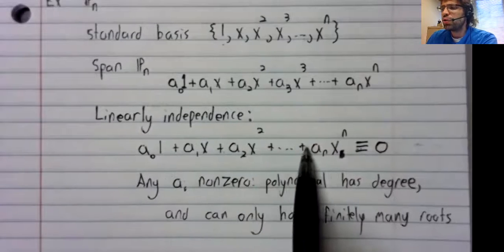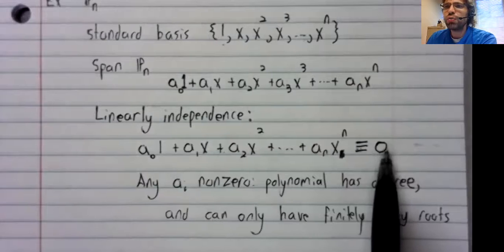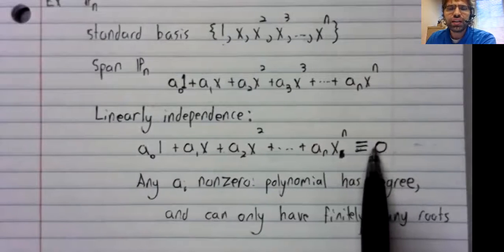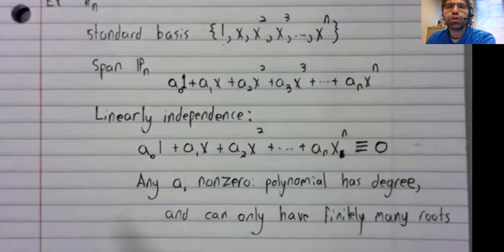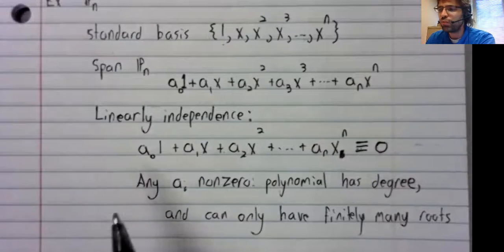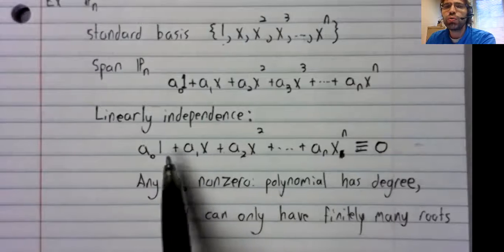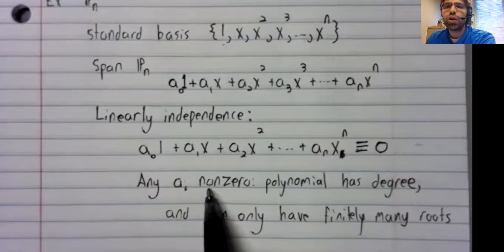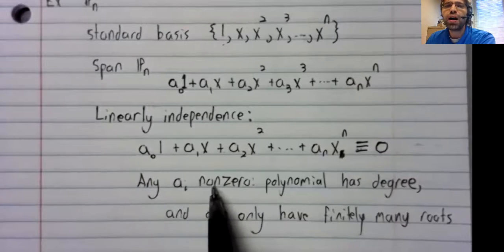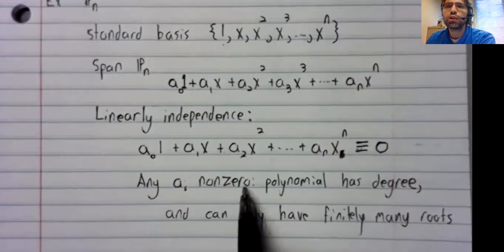For this polynomial to equal 0 everywhere, to have infinitely many roots, it can't have a degree. The only polynomial without a degree is the 0 polynomial. To make this the 0 polynomial, all of these a sub i have to be 0.